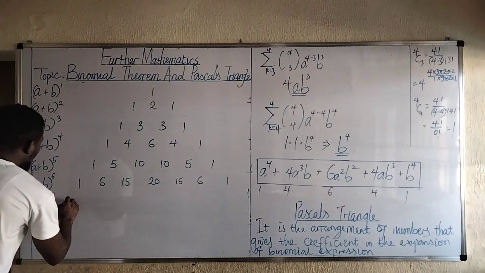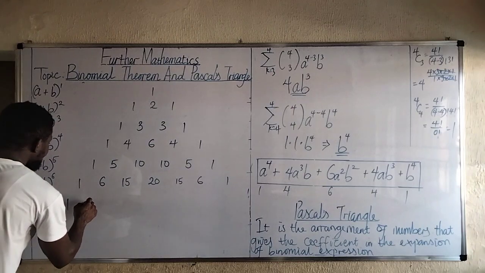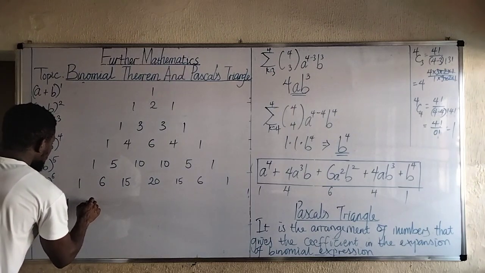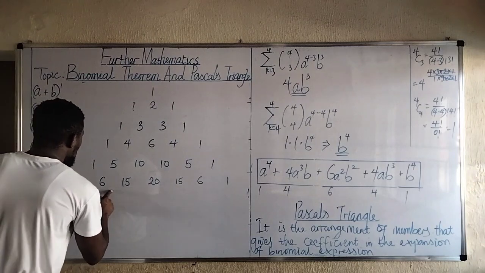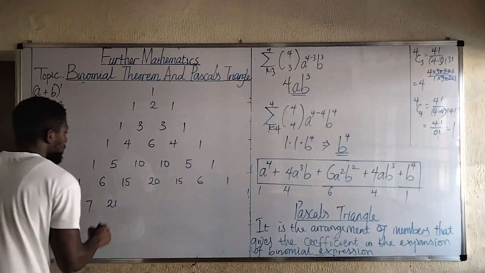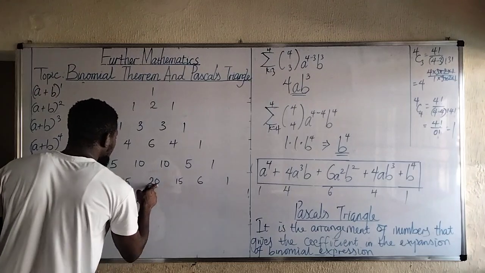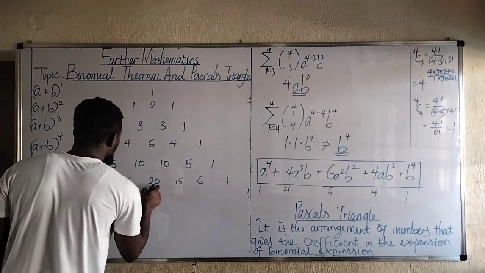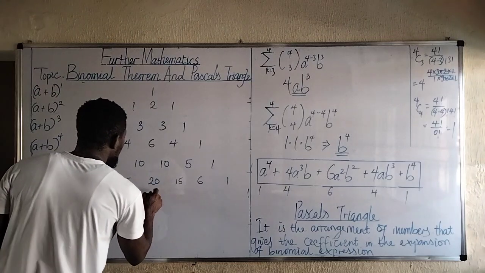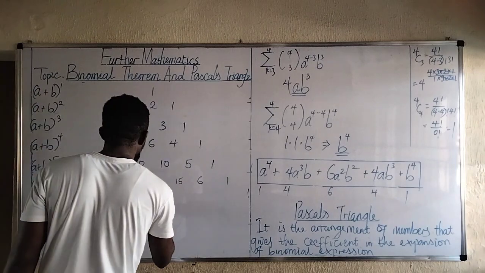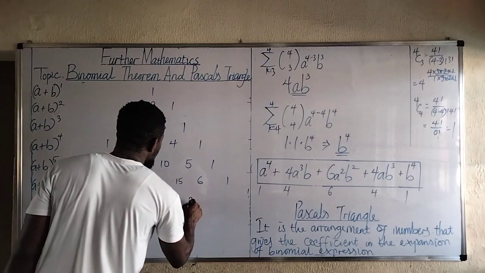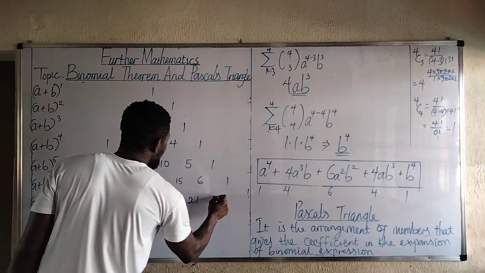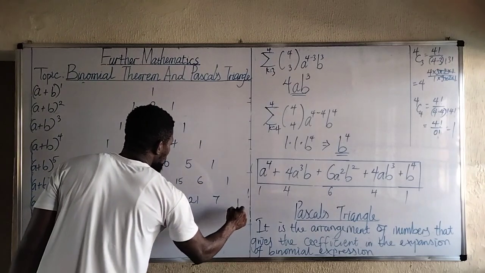This will give me 1 plus 6 is going to be 7, 6 plus 15 will give us 21, 15 plus 20 is 35, 20 plus 15 is another 35, 15 plus 6 is 21, 6 plus 1 is 7, we end with 1.